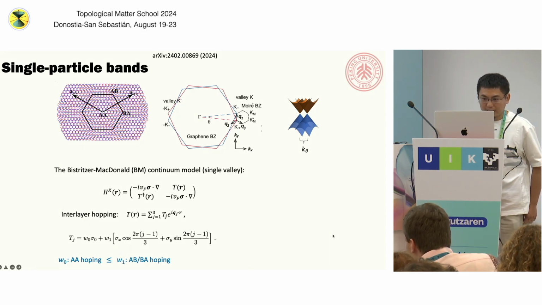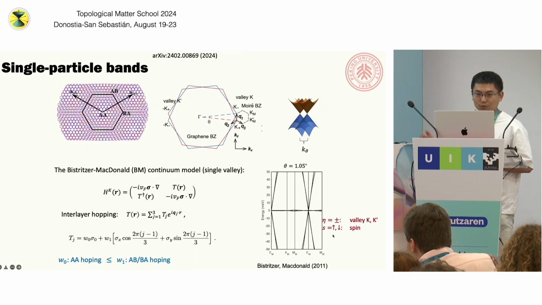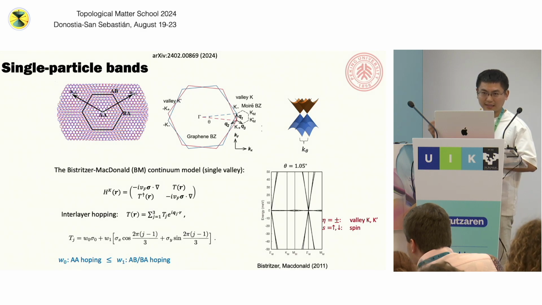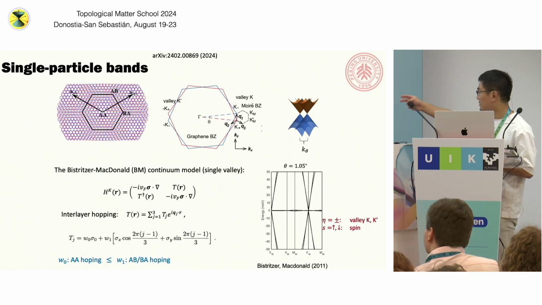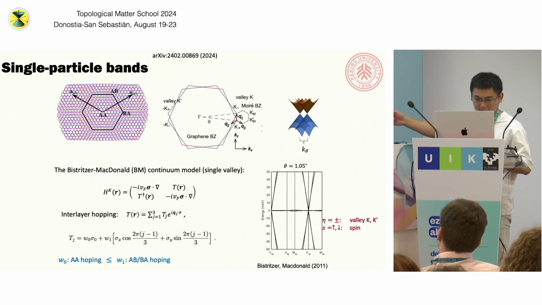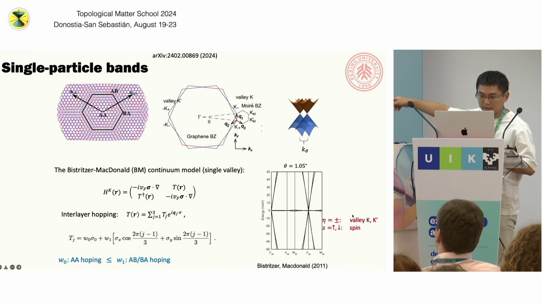Basically, in the low energy model for twisted bilayer graphene, we have two valleys, and we can treat this valley degree of freedom as an inner degree of freedom, like a spin, right? So we can label all the electronic states by at least two indices. One is the valley, which equals either positive K or negative K, and the other is the spin.